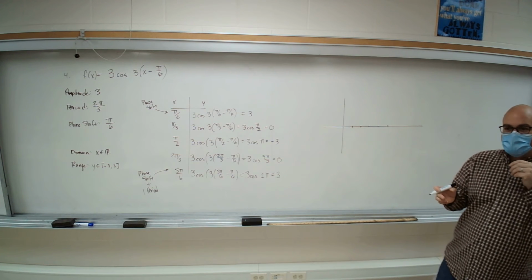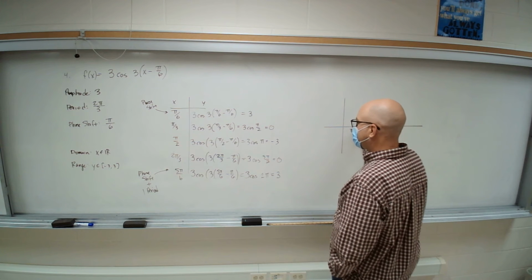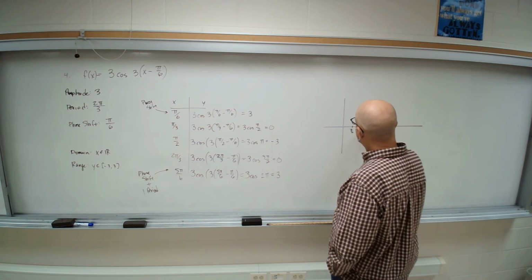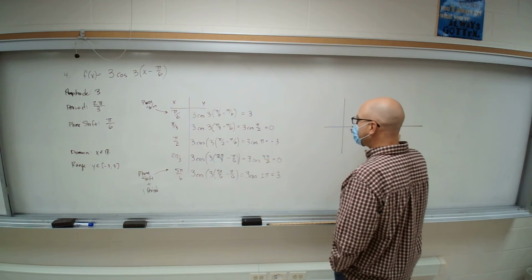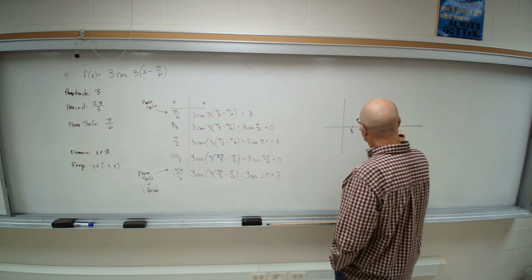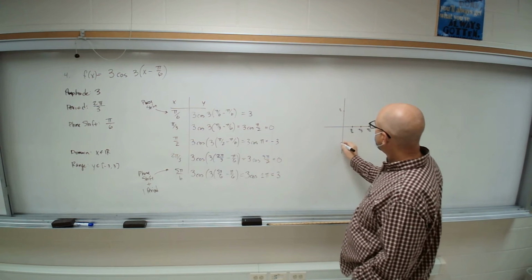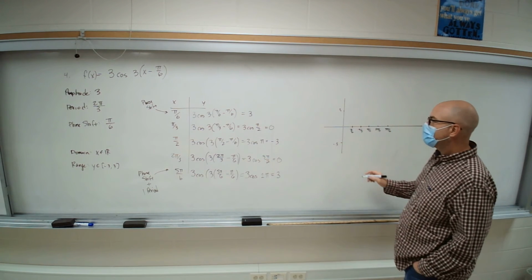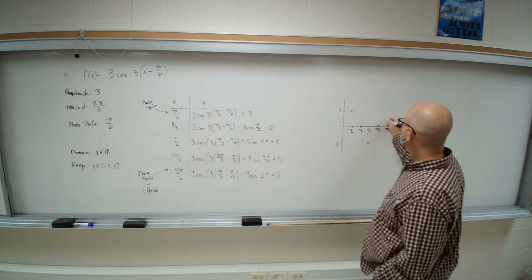It's not a huge deal, but this is pi over 6, pi over 3, pi over 2, 2 pi over 3, 5 pi over 6, 3, negative 3. So up here, there, there.